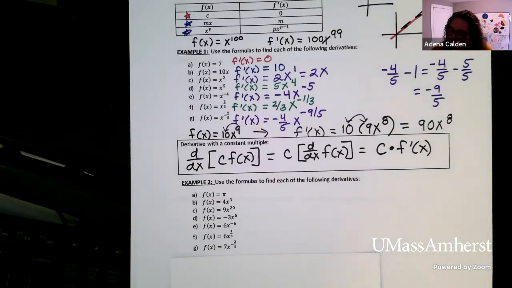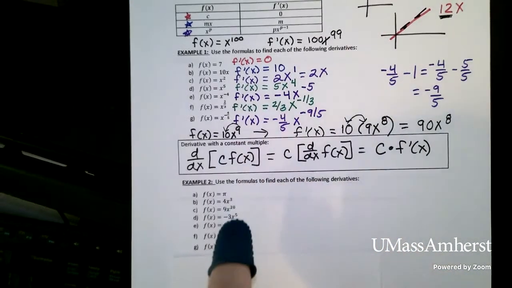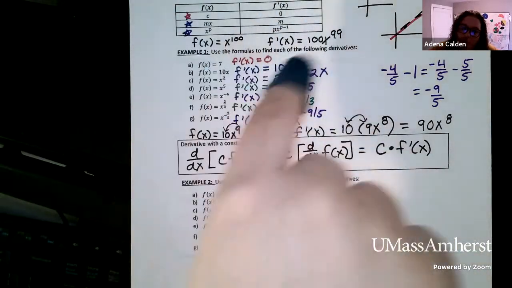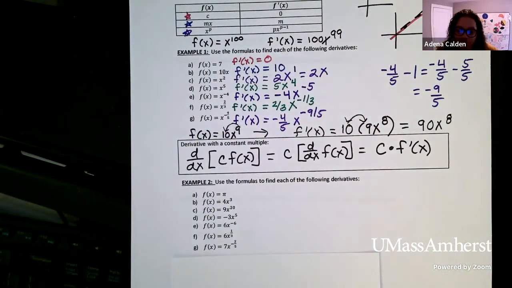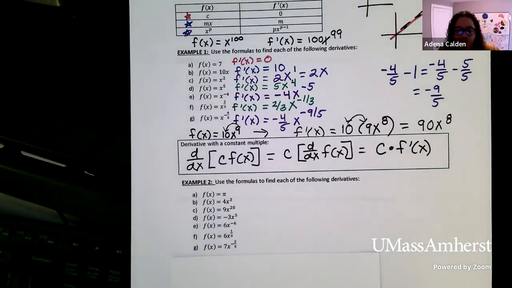You're going to be pairing the constant multiple rule, for things like 4 and 9, with the power rule from up here for the derivative. I want you to take 2 minutes and see how many of these you can do. You don't have to do them in order. You can do the ones you feel most comfortable with and then try the harder ones, or start with the harder ones, either way.